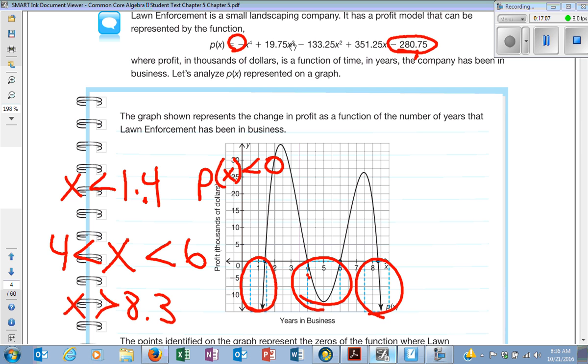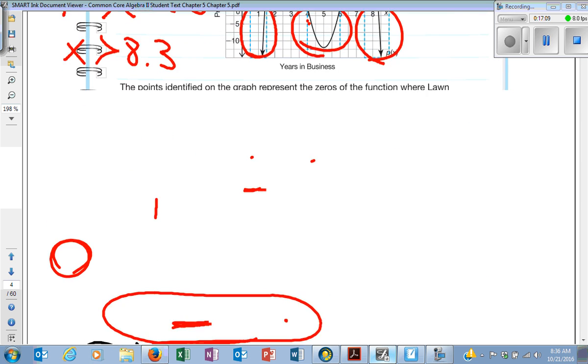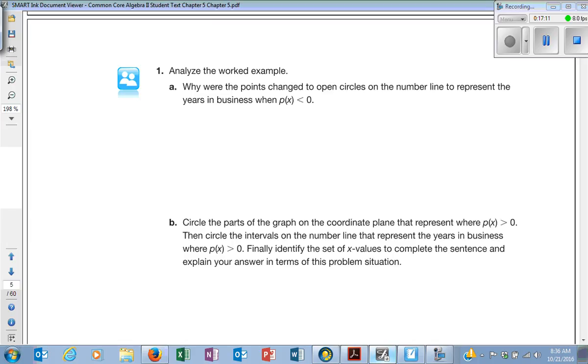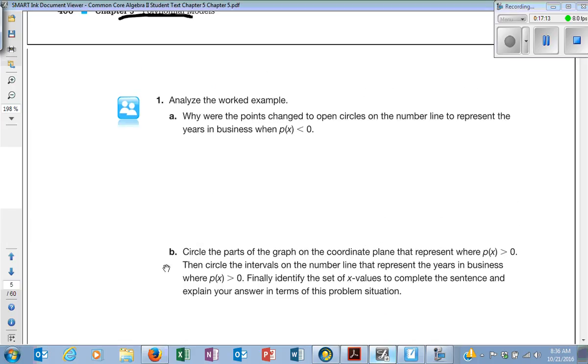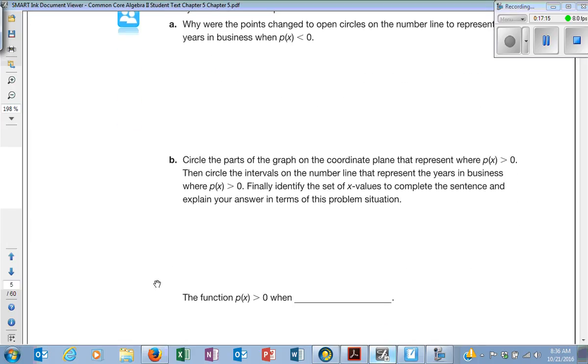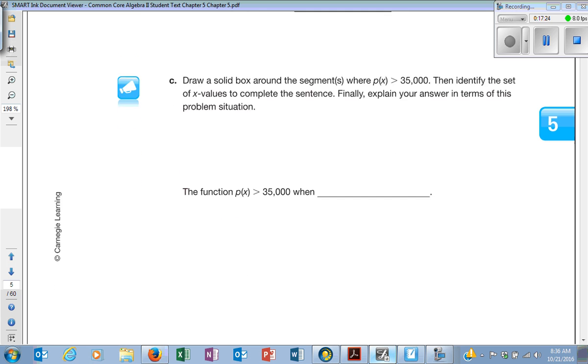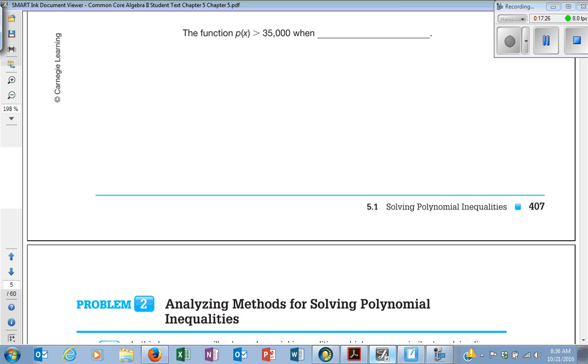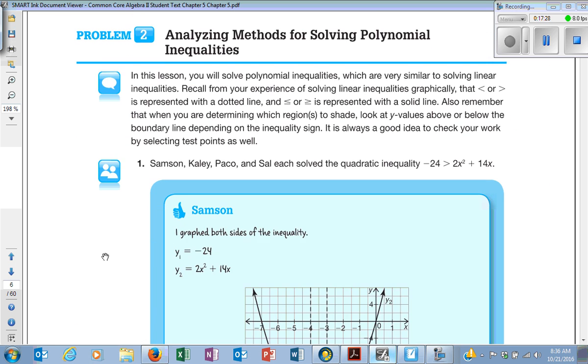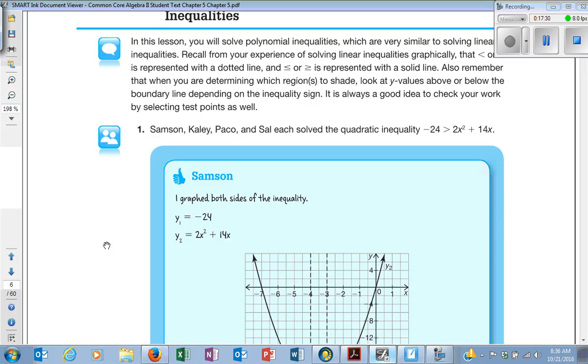Does that make sense? All right, so you're going to do B, because we're going to talk about where P is greater than 0.